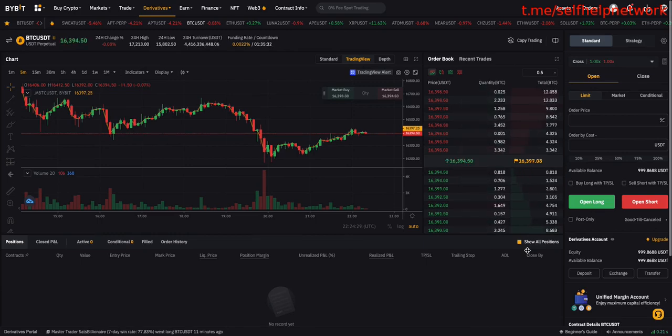Simple example, you have $10,000 in a MetaMask wallet, 10,000 USDT, let's say, and you know that exchanges can get hacked, they can go down, they can have all sorts of issues. So you don't want to put your $10,000 on the exchange to trade. So you put $1,000 on the exchange and you leave $9,000 in your wallet.